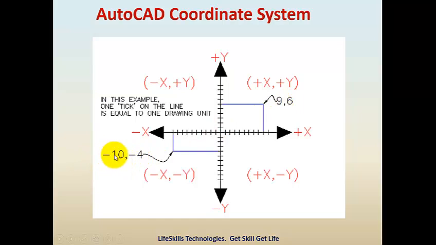Now this is another example here, -10,-4. The first figure means that the point you are locating is at distance -10, that is negative x-axis, then at distance unit -4 along the y-axis. So that is that.